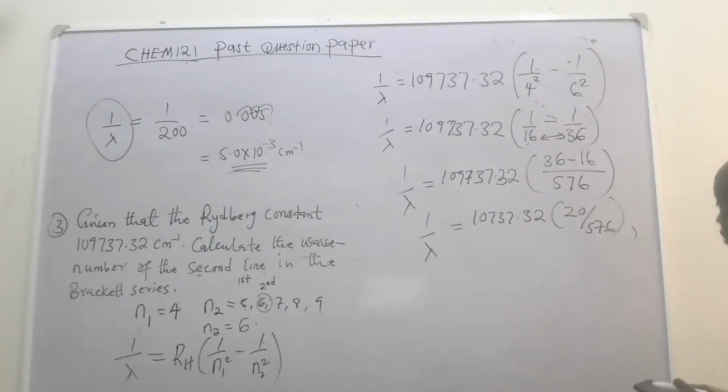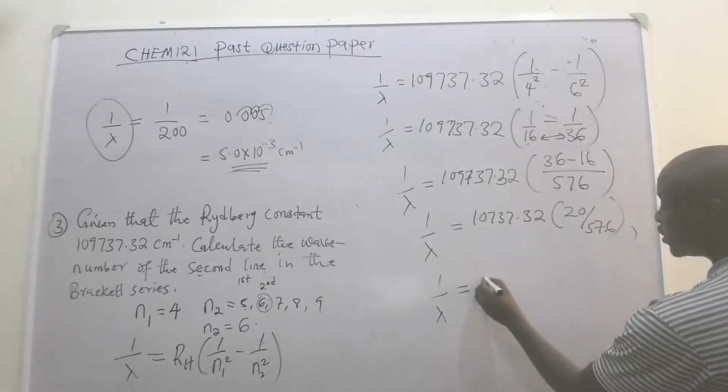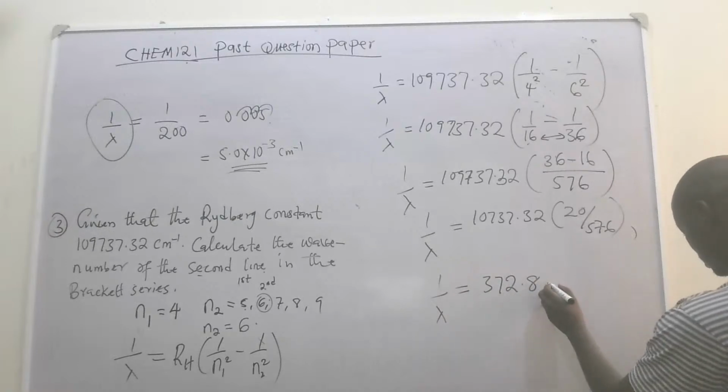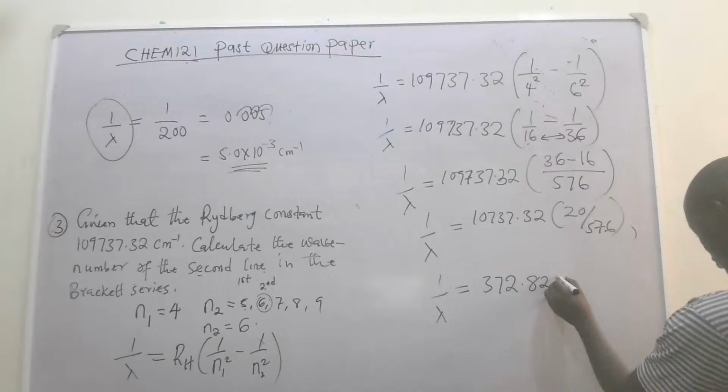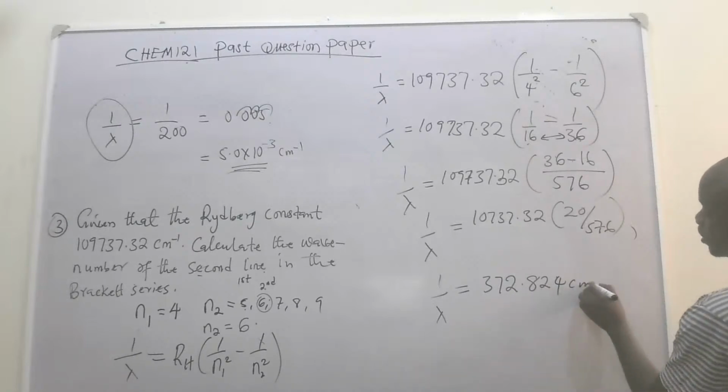So we have 109,737.32 times 20, divided by 576. Therefore we now have 1 all over lambda is equal to 372.824 per centimeter.